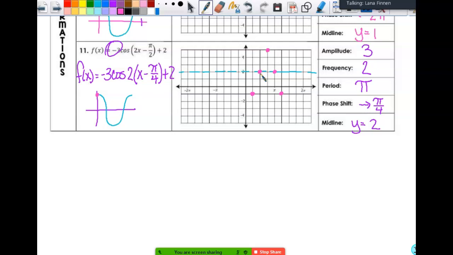So if you want to check your anchor points before you move on to graph the whole thing, I'll leave mine at the anchor point spot here for just a second.